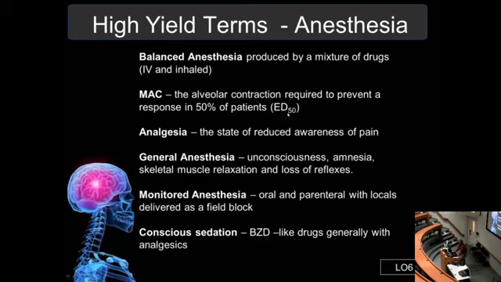So the ED50 is the classic pharmacological meter stick that says, what's the dose in milligrams where we see a response in half of the patients treated with this drug. We can't do a milligram concentration for a lot of these anesthetics because they're inhaled, okay?